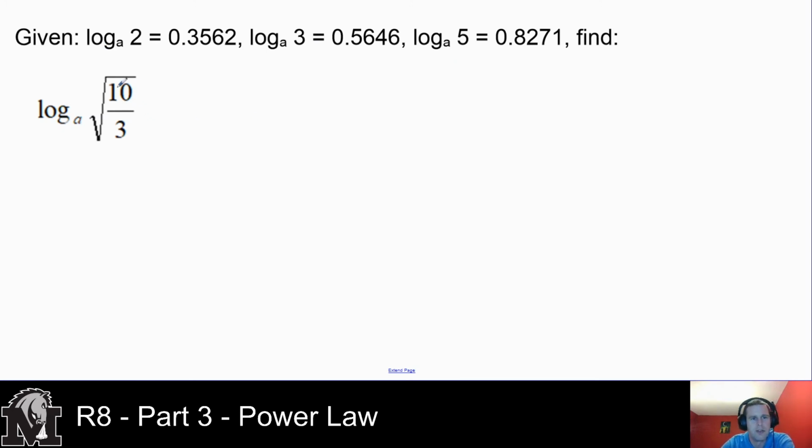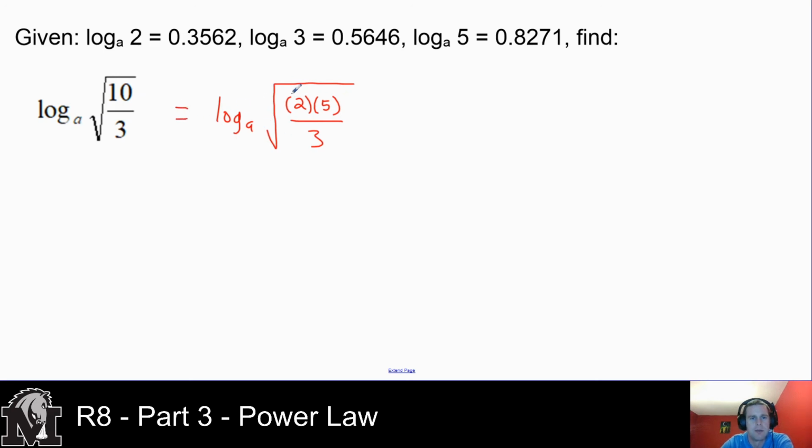So the first thing I recognize is that 10 is actually 2 times 5. So I can rewrite this as log base a of the square root of 2 times 5 over 3.